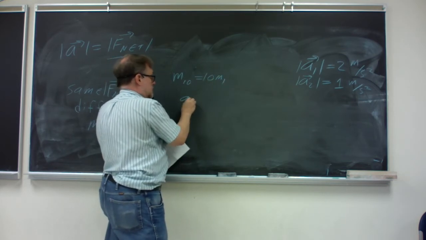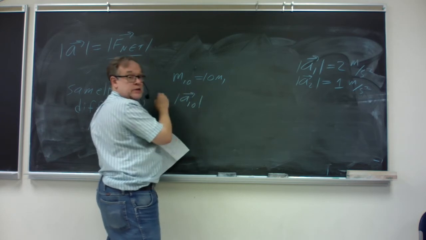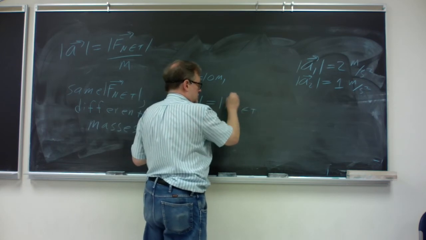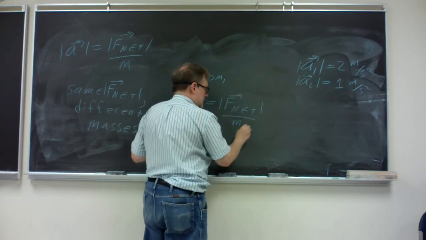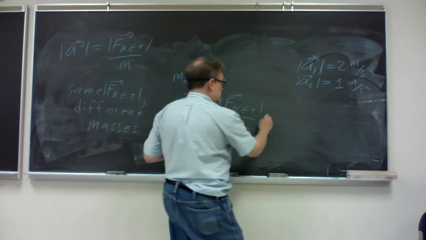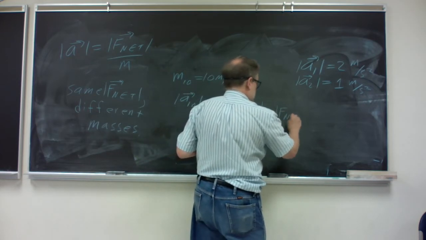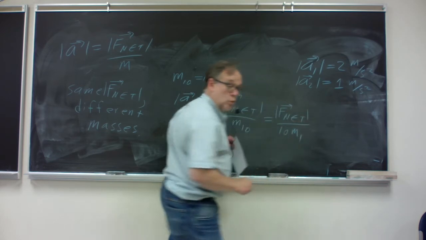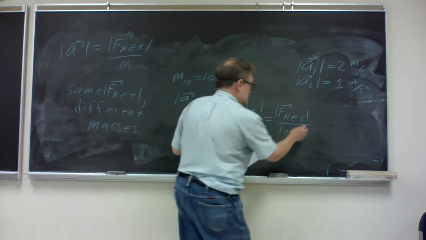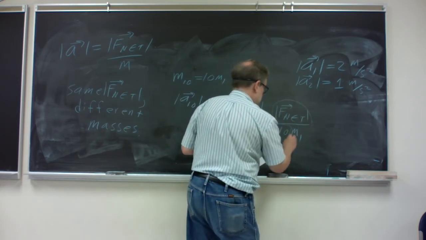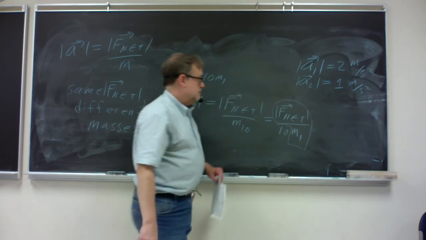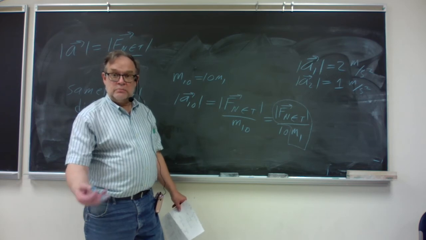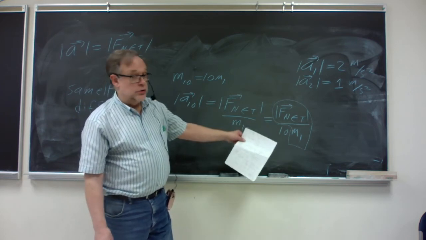So that gives us a new acceleration, we'll call it acceleration 10, and the magnitude of that acceleration 10 is just the magnitude of the net force divided by M10, but M10 is just 10 times M1, but this part here, net force divided by M1, is just the first acceleration, A1, or the magnitude of the first acceleration.